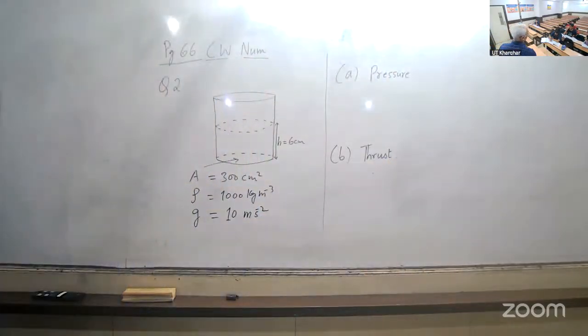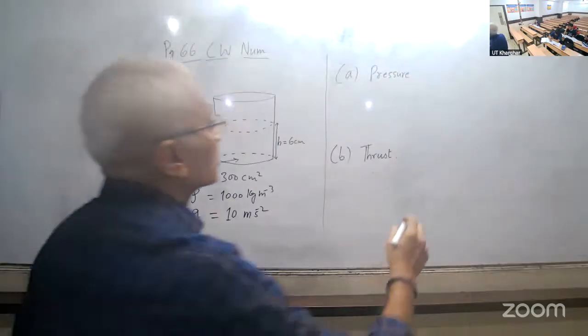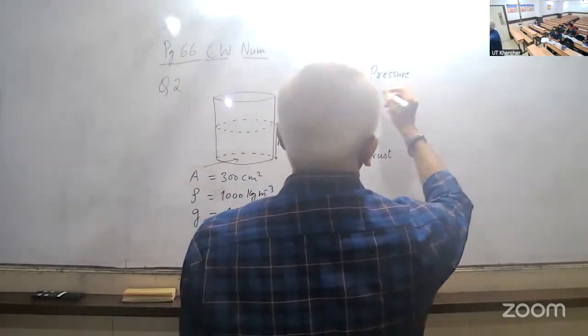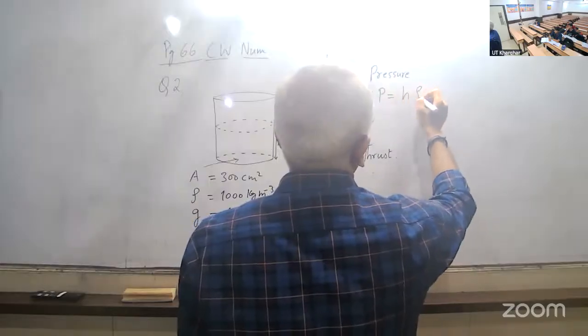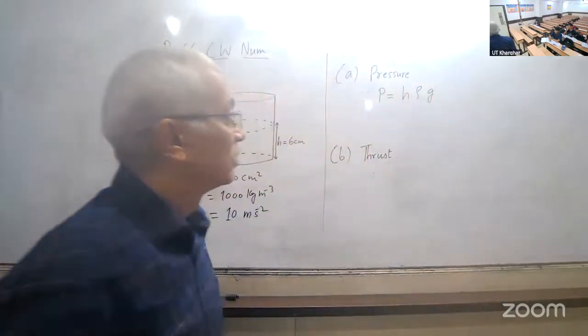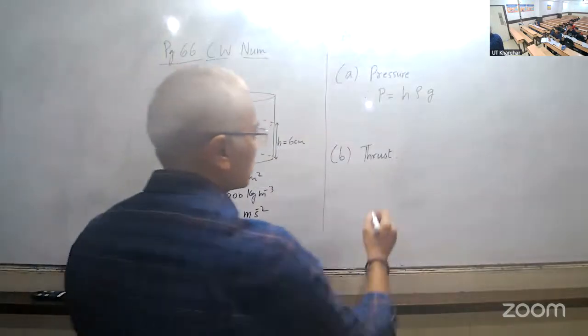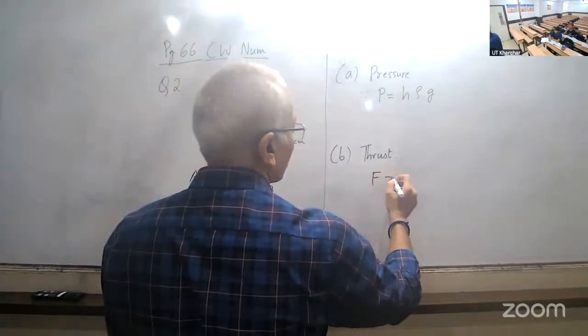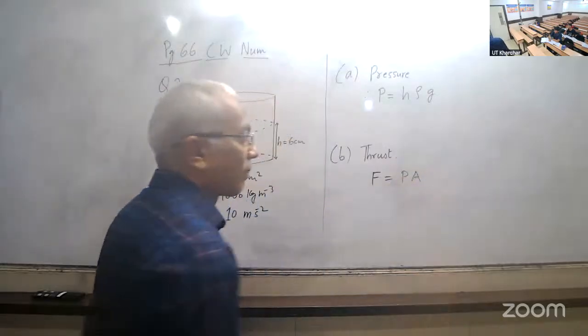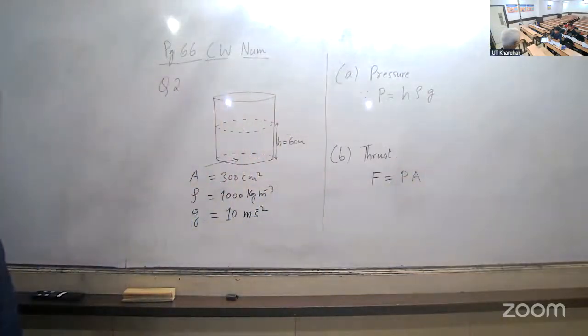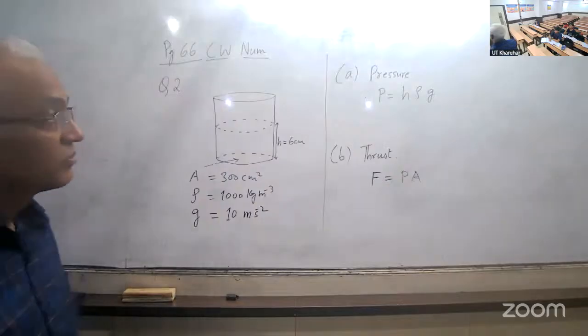How can we find it? What is the pressure formula? P is equal to h rho g. And thrust, F is equal to P into A. So first find the pressure.